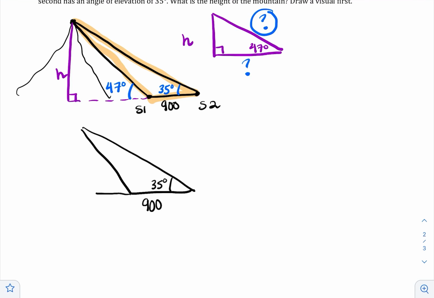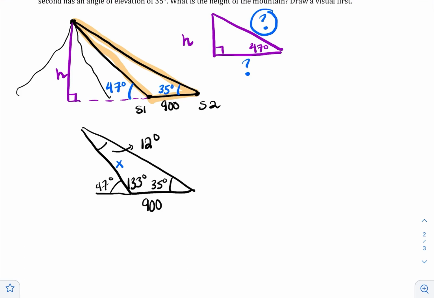I know on the outside here is 47. Now, because this makes a straight line, it means it's supplementary. So I can find the angle on the inside by subtracting 47, which would be 133. And then all three angles add up to 180. So this one is going to have to be 12 degrees. So remember that I'm looking for this, which I'm going to call X.